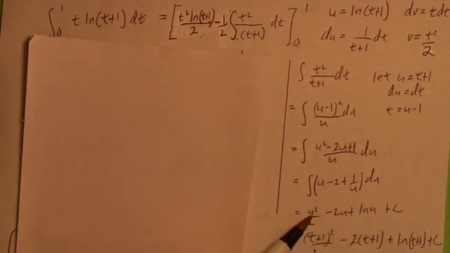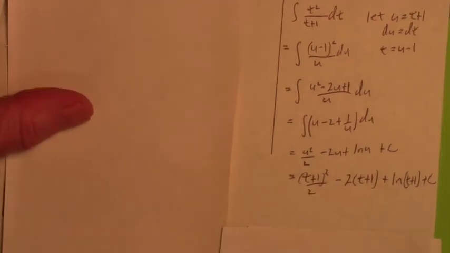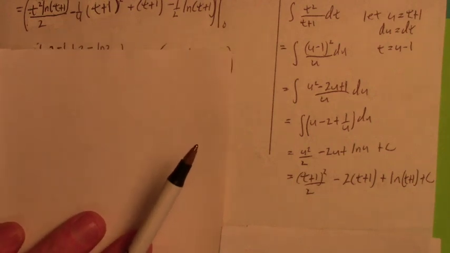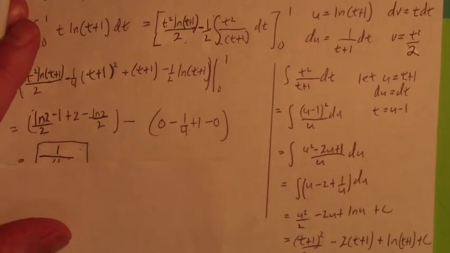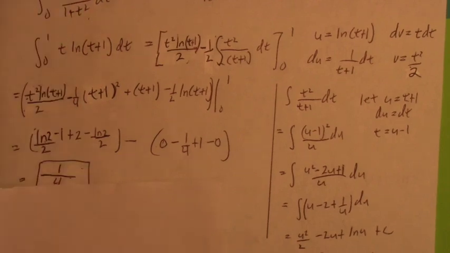So when you go back and replace what u is, you end up with t plus 1 squared over 2 minus 2 times the quantity t plus 1 plus ln of t plus 1. Now remember, I'm evaluating that between 0 and 1. So put all that together. This last piece, I'm putting it over here.